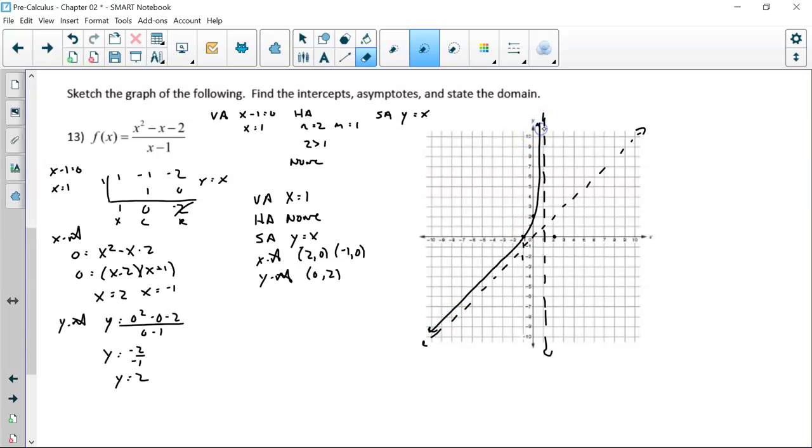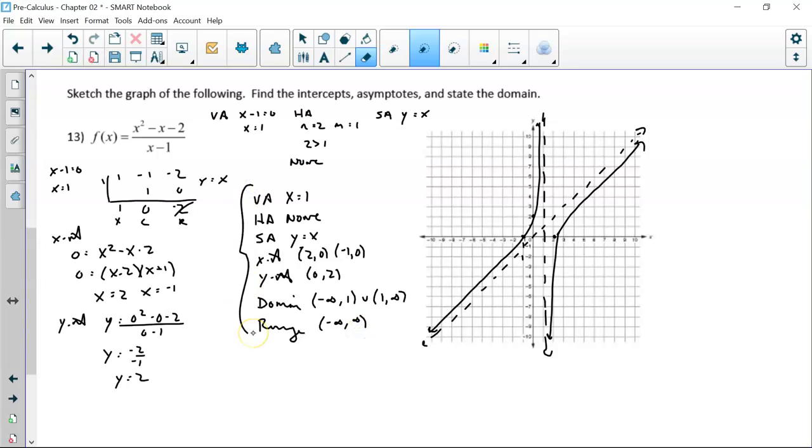That's what the left-hand side looks like, and the right-hand side, going through that x-intercept, is going to look like this. You'll see the graph there as well. We could find the values using the table just to save a little bit of time. Our domain, we just can't have x equals 1, so it's negative infinity to 1, union 1 to infinity. And our range, we can have everything. It goes all the way up and all the way down, so it's negative infinity to infinity.